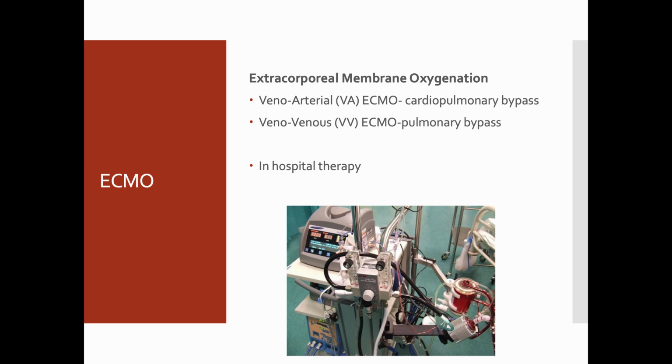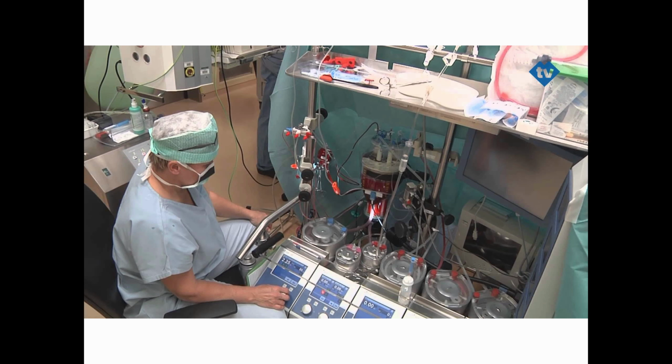So VA ECMO can support the cardiac output and oxygenate the blood. VV ECMO is just to oxygenate the blood, and the heart's doing all the work. So it's useful. The indications for each are different. This is what a heart-lung machine looks like during open heart surgery.